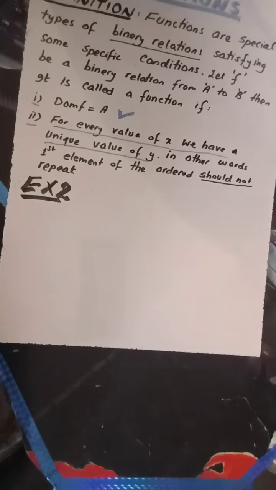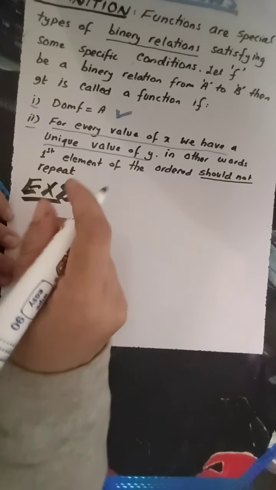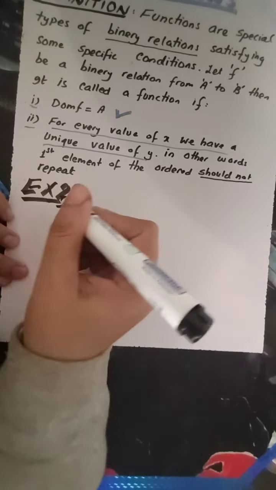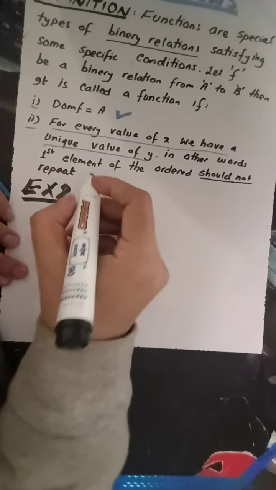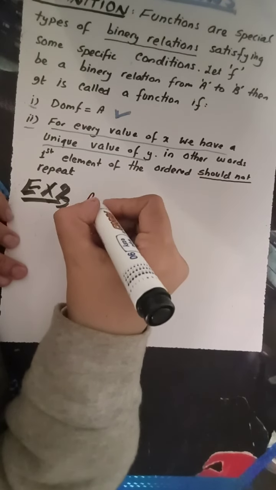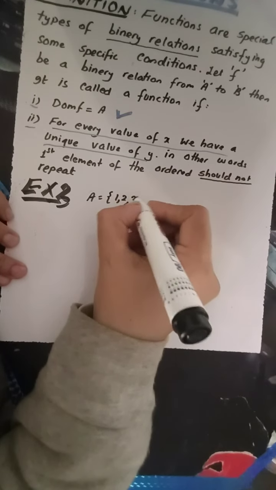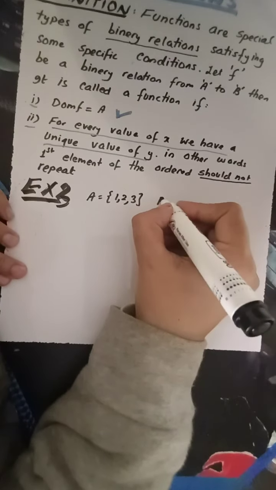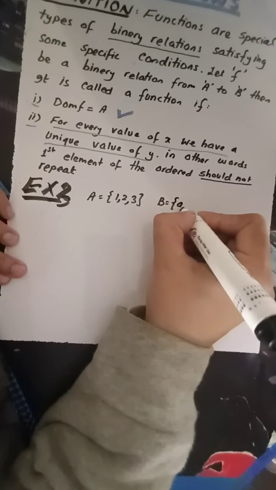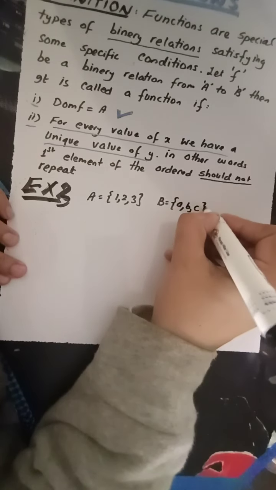Now let me take one more example, and then we move to the types of function. This is example 3. Suppose A is equal to {1, 2, 3} and B is the set {a, b, c}.